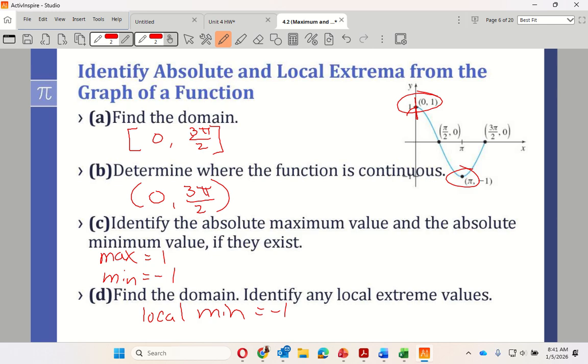No local max. When we get to the definitions of it later on, you'll understand why. Like the full definition, actually finding it mathematically, you'll see why that happens.